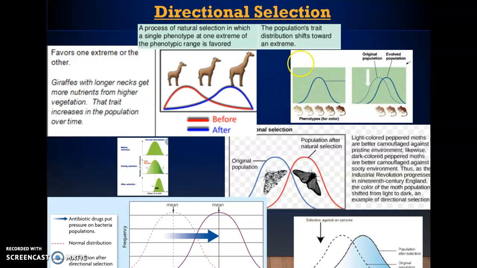Now this is a slow process to start to see populations shift. This one is looking at a group of mice in some type of woodland situation, and we could see all the different phenotypes, all the different types of fur color that there can be.